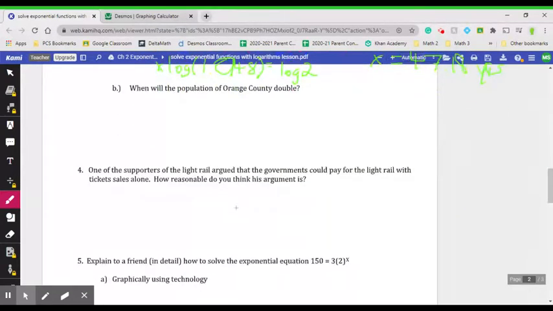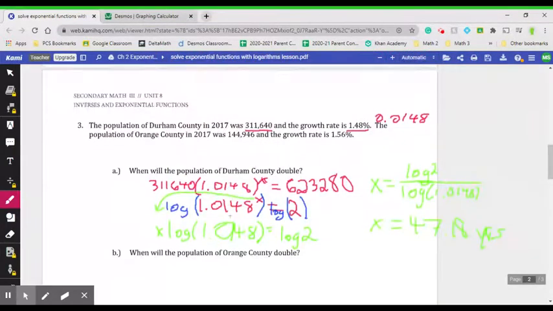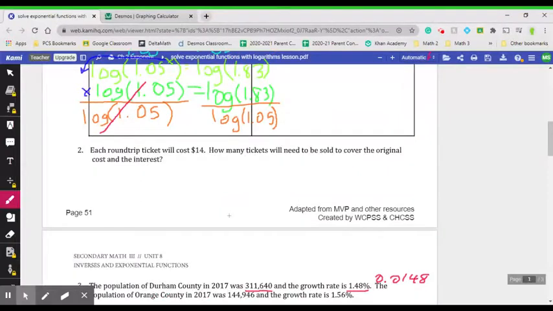Number 4 is just a thought problem, not really math involved. One of the supporters of the light rail argued that the government could pay for the light rail with ticket sales alone. How reasonable do you think his argument is? From ticket sales, we mentioned that it would end up being about 235 million different tickets.